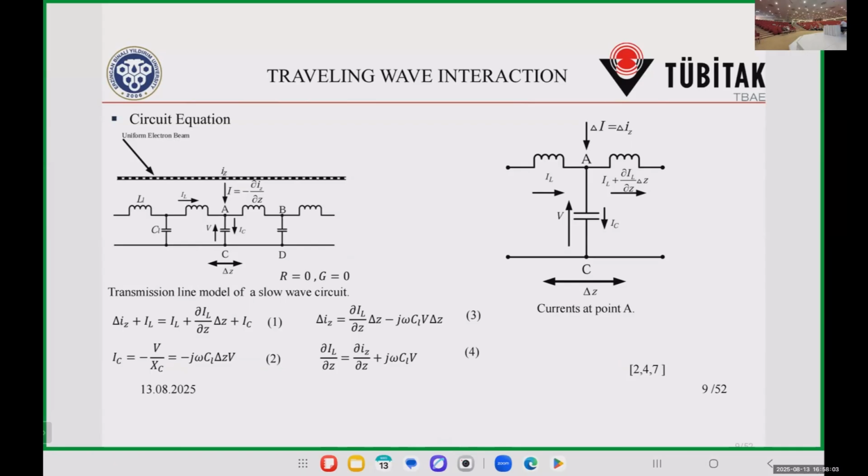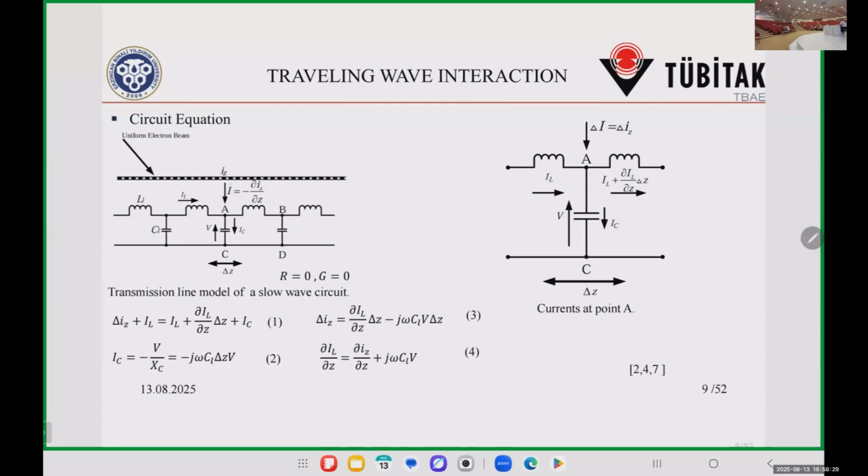And if we apply Kirchhoff's current law at point A, before that, we assume that a uniform electron beam passes closely to this circuit.